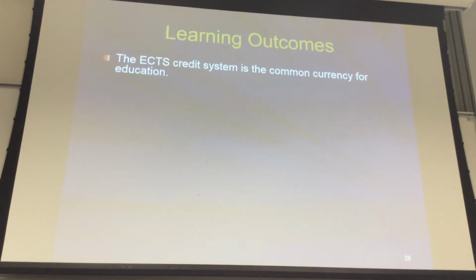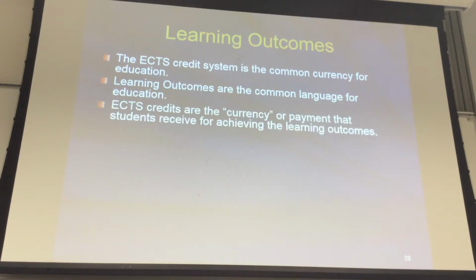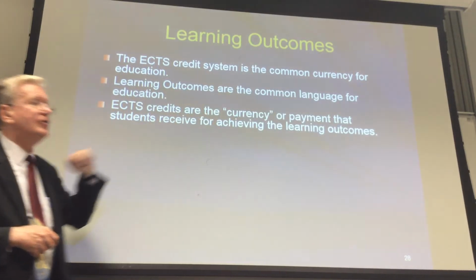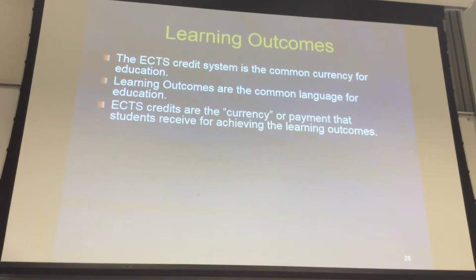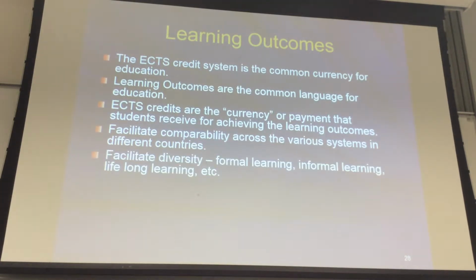So, whereas the ECTS credit system is the common currency for education, as we said this morning, learning outcomes are the common language. When the students achieve the learning outcomes, they are rewarded by getting so many credits. The great advantage of learning outcomes, as we said this morning, is you can compare one country with another.